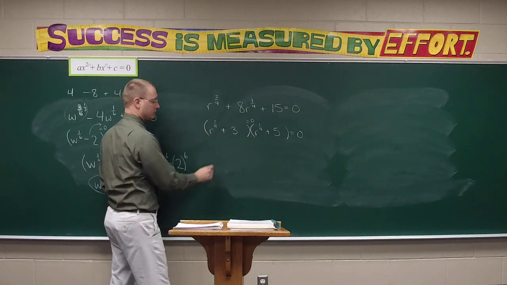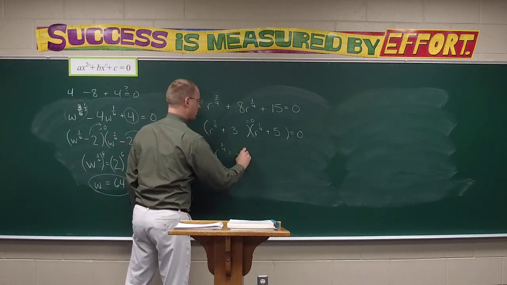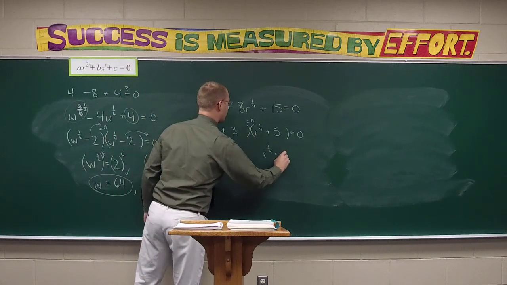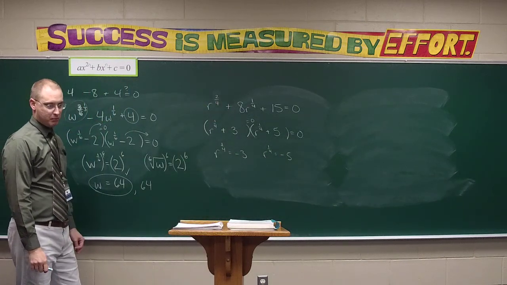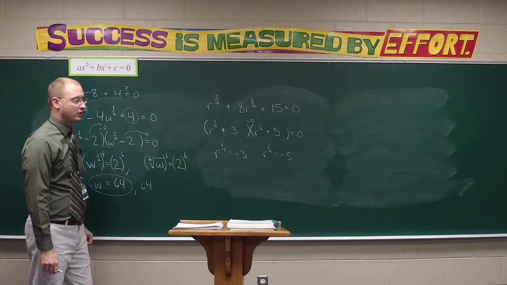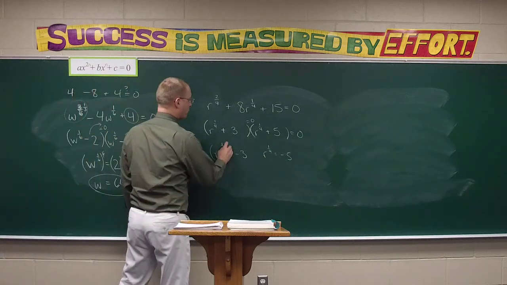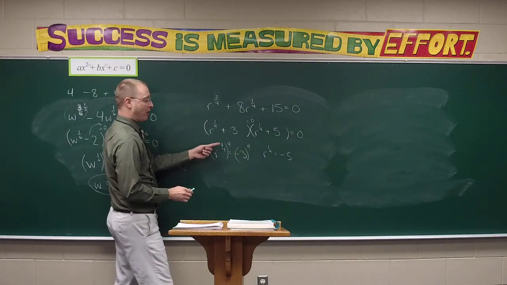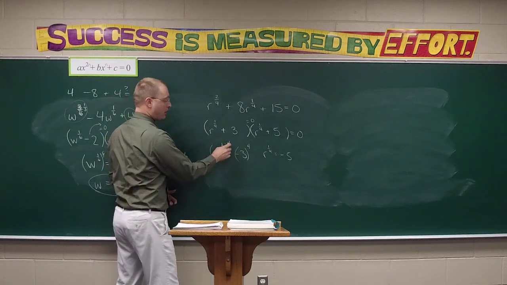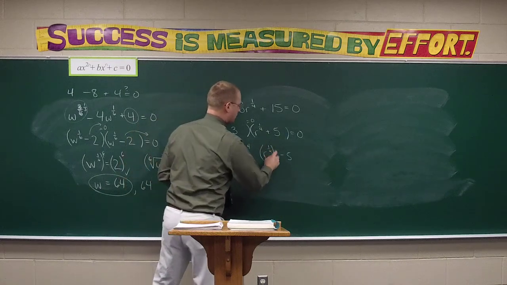So yeah. R to the 1/4 equals -3 and -5. All right, and then what do we need to do here, Maddie? Good. If you raise to the 4th power, that 4th power will knock out the 1/4 power to give us just r in each case.